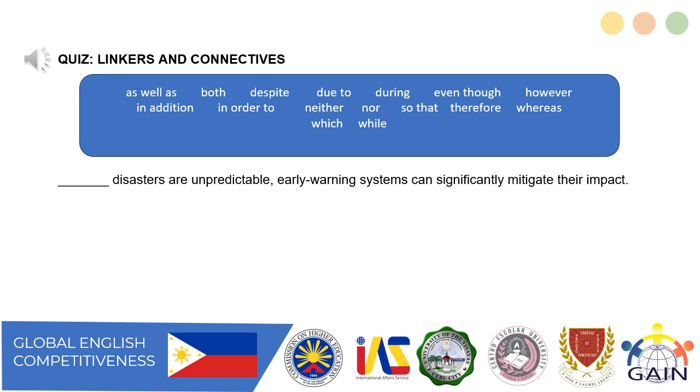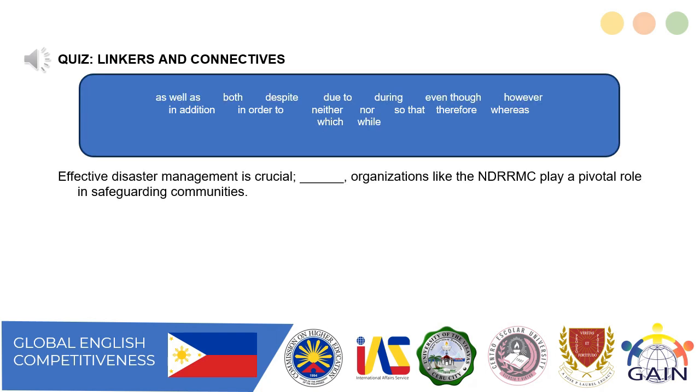Moving on. Effective disaster management is crucial. Blank organizations like the NDRRMC play a pivotal role in safeguarding communities. Which linker must we use?